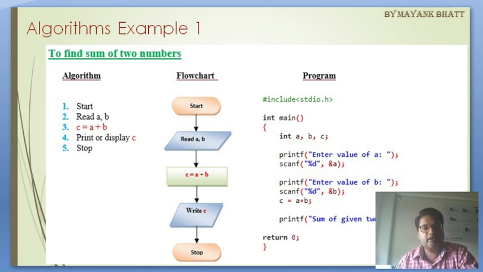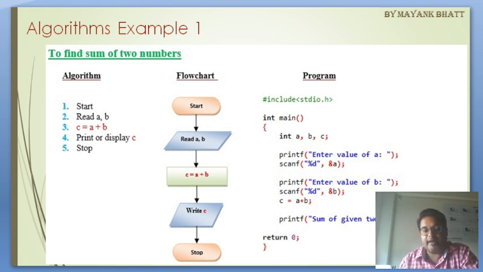So you can see here we have written a pseudocode for this problem, which states that at the first step there is a beginning, and then you have to read the inputs of two variables a and b.